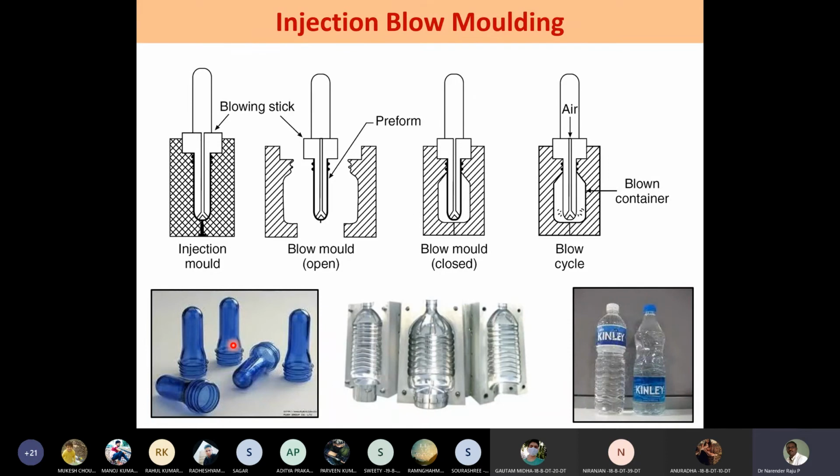On site means wherever the liquid milk or the water or any other such beverage is filled, you need to form the bottle then and there. And because the temperature is more than 100 degrees centigrade or so, that ensures sterilization of the material. Once that is achieved, then it is ready for filling the beverage.